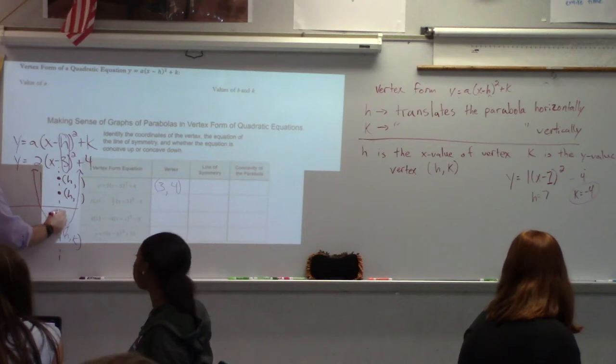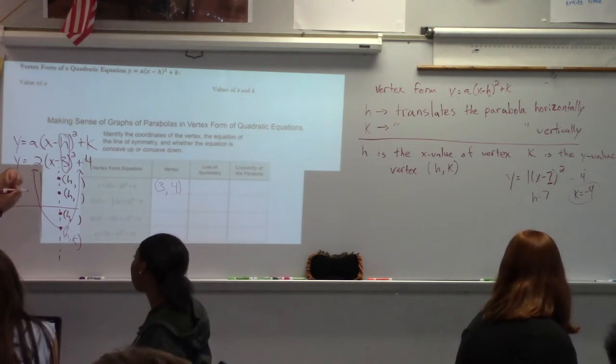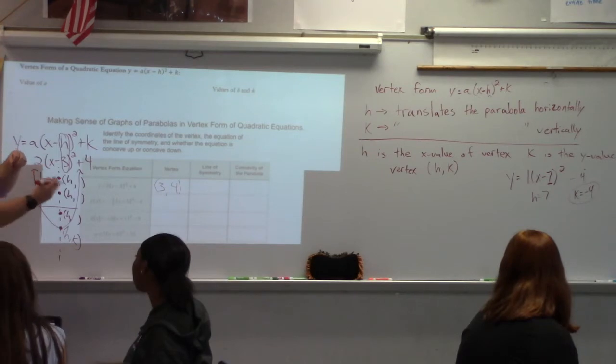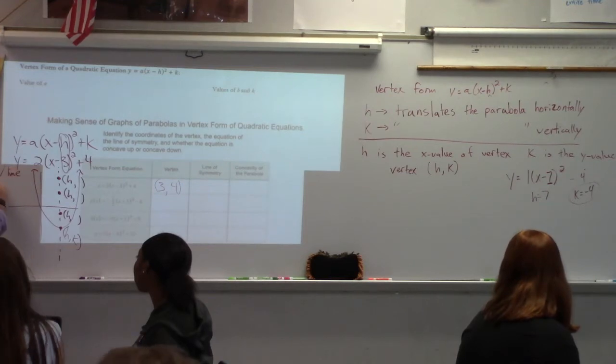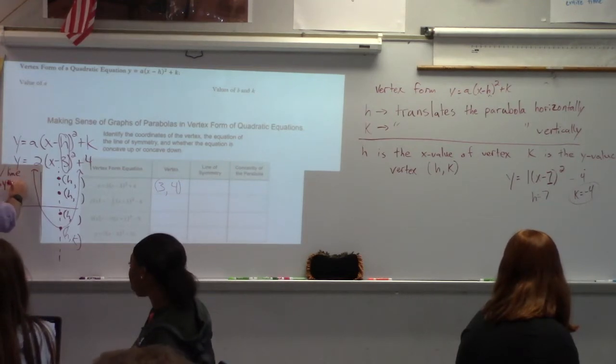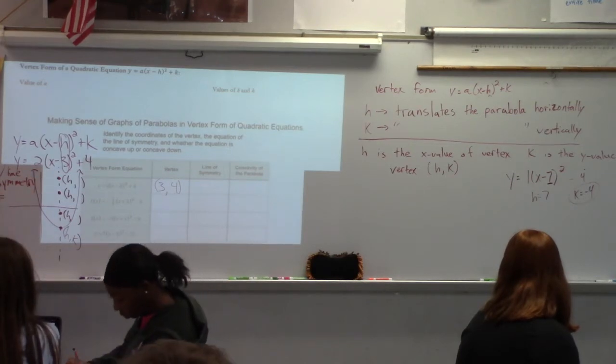What's the x value? H. I don't know what the y value is. This idea right here is why when we talk about vertical lines, a vertical line is always x equals a number. Specifically, for an axis of symmetry, or line of symmetry, it's a vertical line, and the x value is always equal to what?